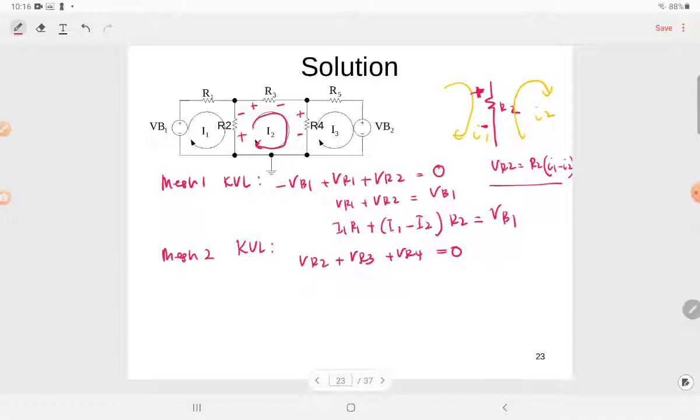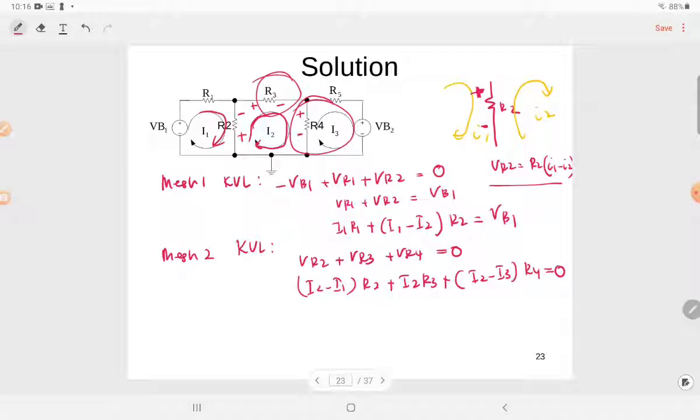At R2 we have two currents flowing, I1 and I2. So I2 minus I1 times R2, plus R3, which only has I2, so I2 R3, plus R4, which has two currents flowing through it, I2 minus I3, times R4, equal to 0. This is another KVL equation.